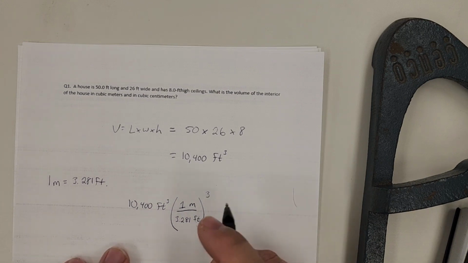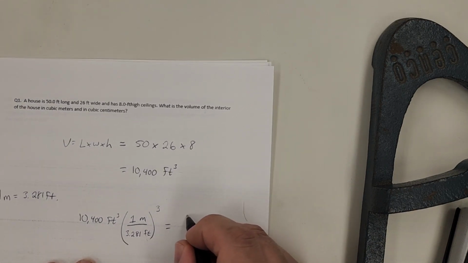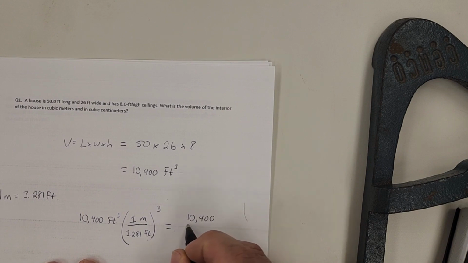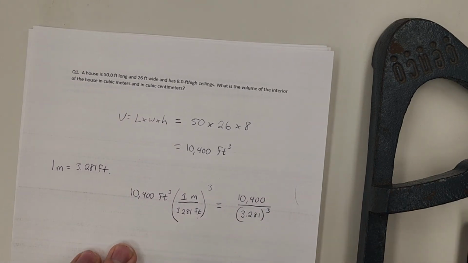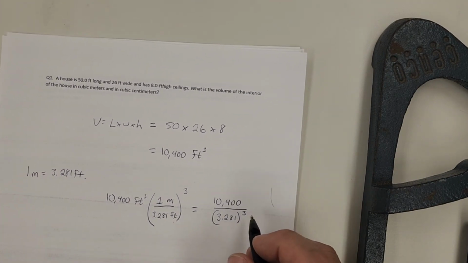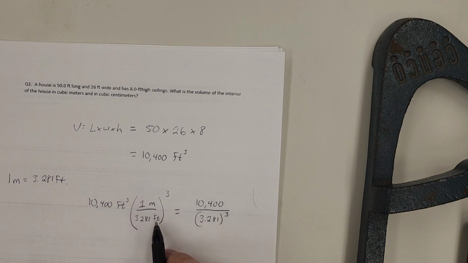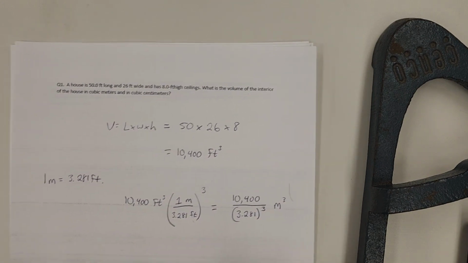So this looks like we would have 10,400 being divided by 3.281 cubed. If we do that calculation out, you'll see that the feet and the feet cubed will cancel, and we'll be just left with meters cubed.